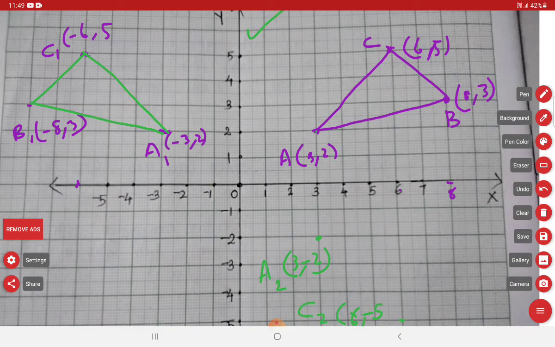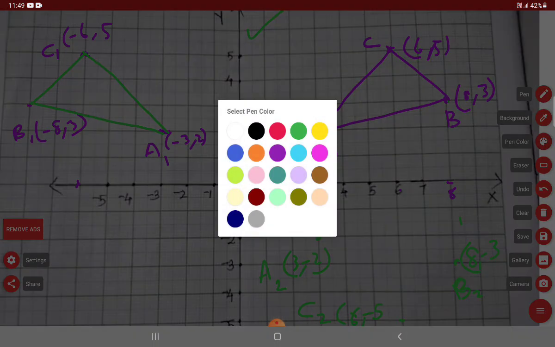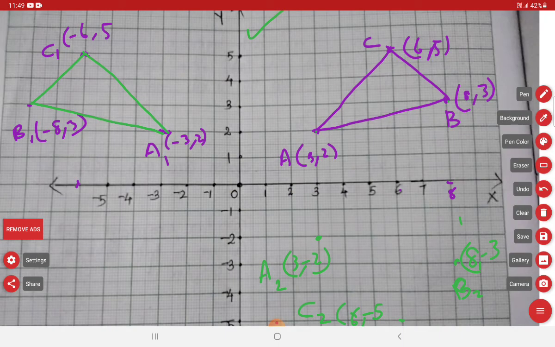Next, the mirror image of B about the x-axis. (8, 3) will be (8, -3) here. That is B2. Okay, now we have to join them.